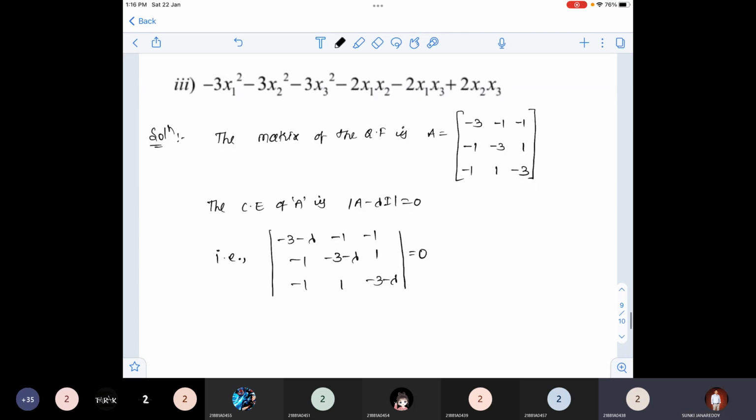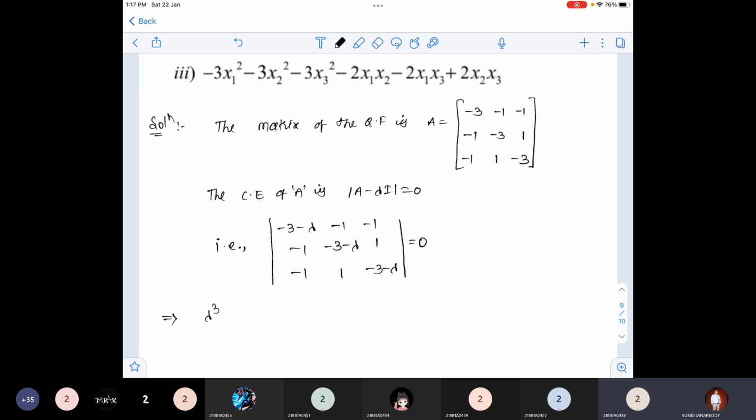Here that implies lambda cube minus, what is the trace for this? Minus 3 minus 3 minus 3, that is minus 9, into lambda square, plus minus of the principal diagonal elements. Leave the first row, first column, then minus 3, 1, 1, minus 3.